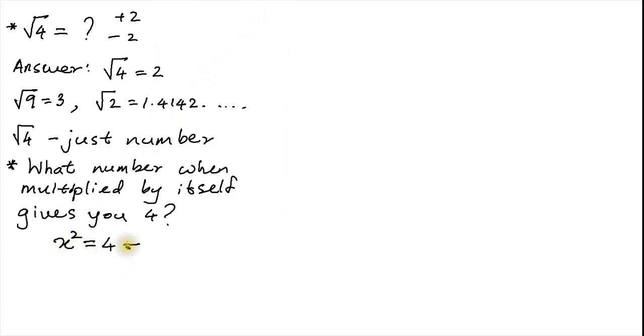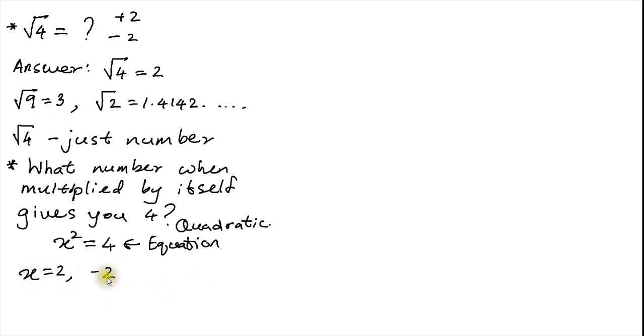So this is an equation, right? Simply, you are going to solve a quadratic equation. So when people ask this question, what would you give as an answer? There are two answers, right? x equals 2 and negative 2.